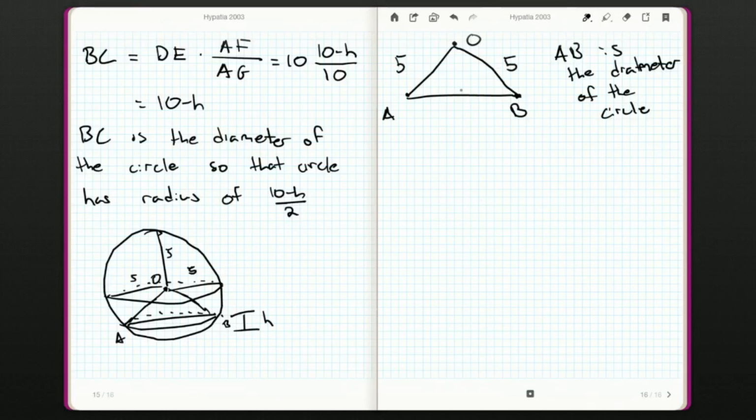So, we know since A and B are actually points on the sphere, we're going to have these lengths of 5 here. Another thing, AB is going to be sort of a chord of the circle that we can see here. So we know O is going to be lying directly above AB, and it's going to hit at a perpendicular angle. Okay.